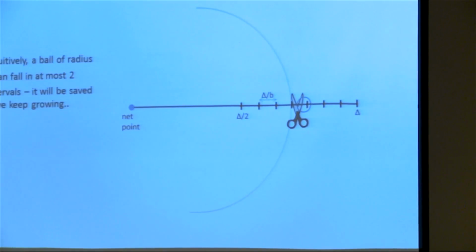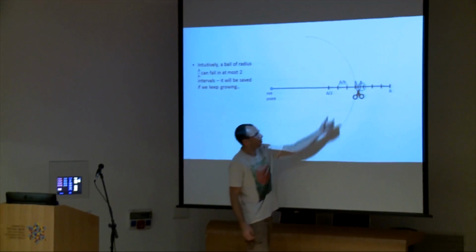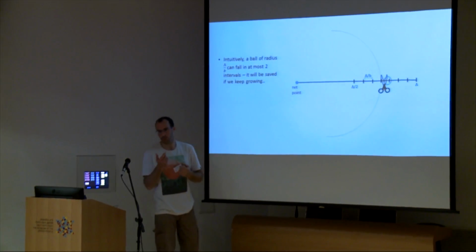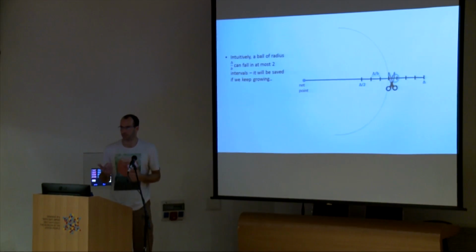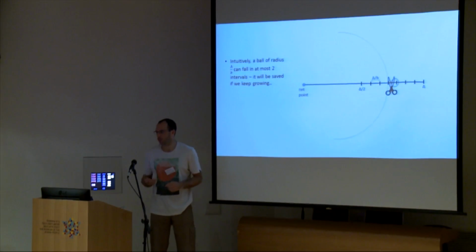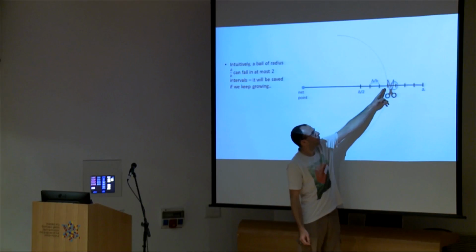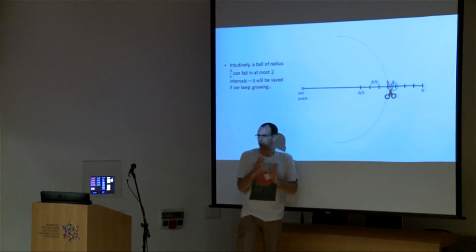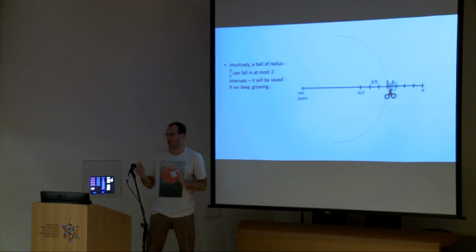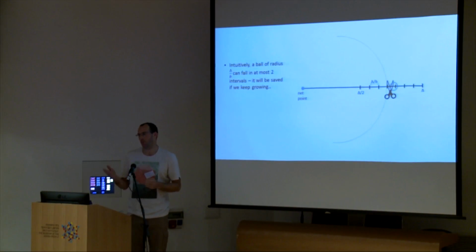The very useful thing about it is that if you have a ball whose radius is delta over b, a sufficiently small ball, it should be saved with constant probability. And this is actually what happens. Conditioning on the fact that the radius was large enough to just touch the ball, there's a constant probability you're going to toss heads a couple more times and completely save the ball.